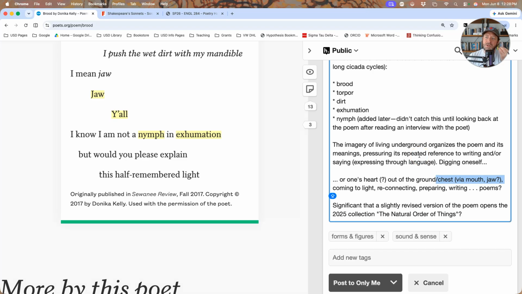The reference to the jaw is, of course, a reference to how cicadas dig themselves up using their front claws, their front legs, and I think their mouth.